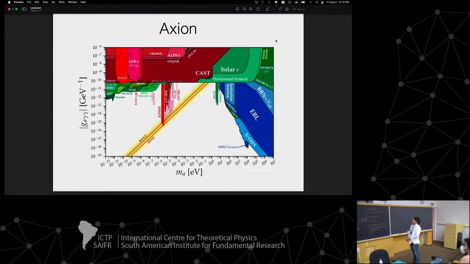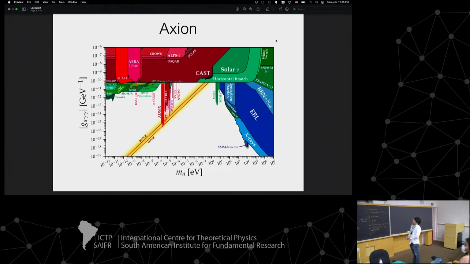Okay? One feature you can see from these experimental limits is that they are not broadband. They are in a very narrow region, and some of them are really, really narrow. The reason is exactly what I was telling you about: it is a resonant experiment, so it's only sensitive to a very narrow range of frequencies, and you need to scan.